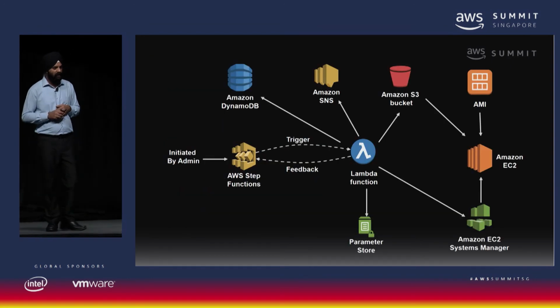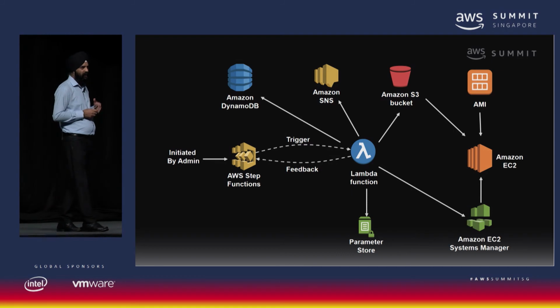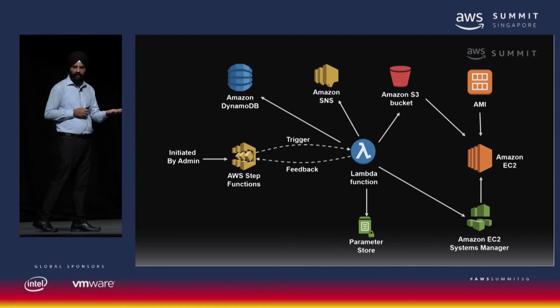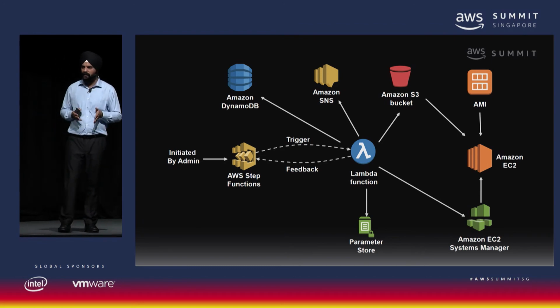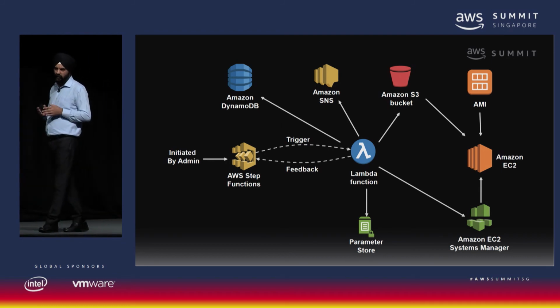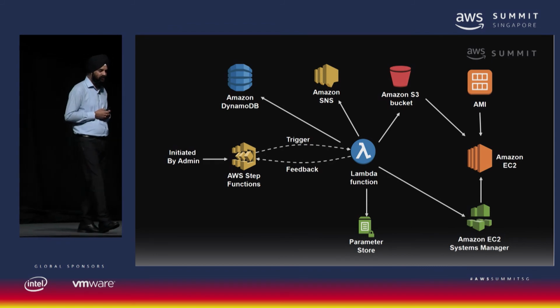And if you look at the architecture, that's how it looks. So the trigger is done via some administrator on AWS Step Functions. And once that trigger is done, AWS Step Functions orchestrates the complete execution of the system refresh. After the initial trigger has been done, everything else is executed via AWS Lambda functions.